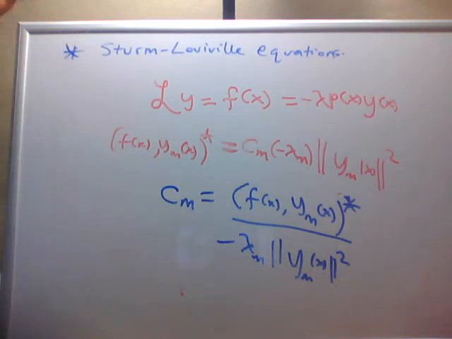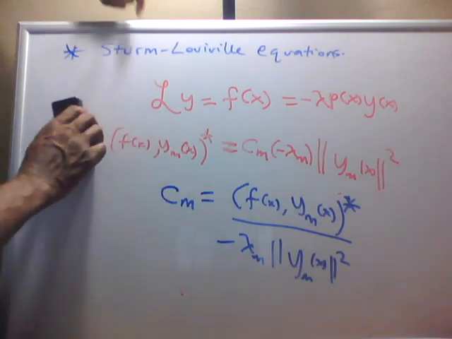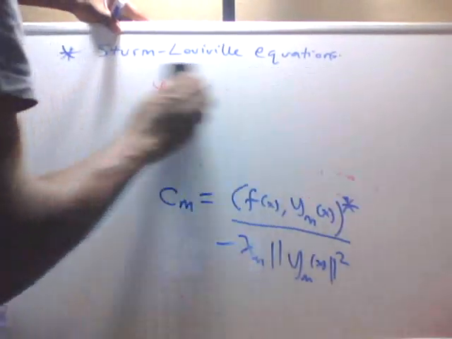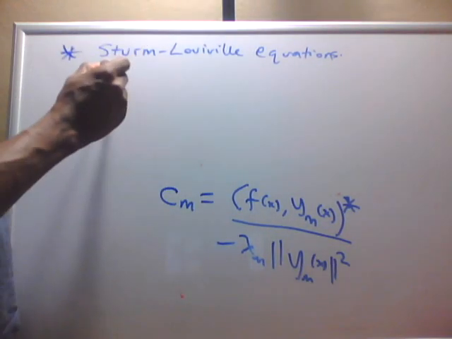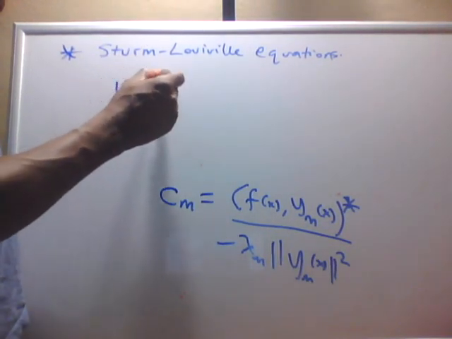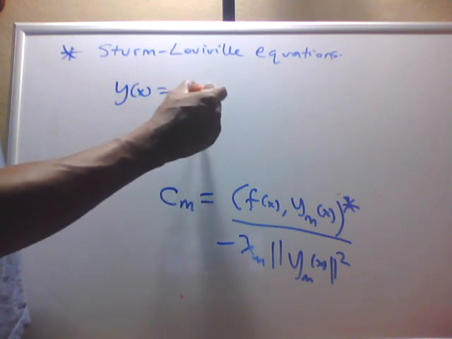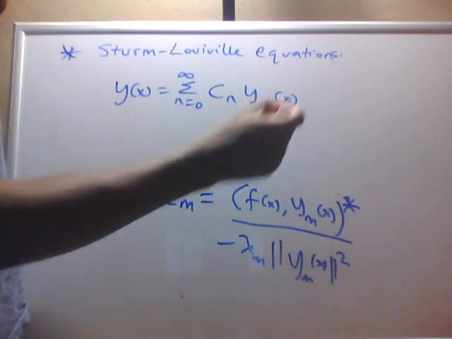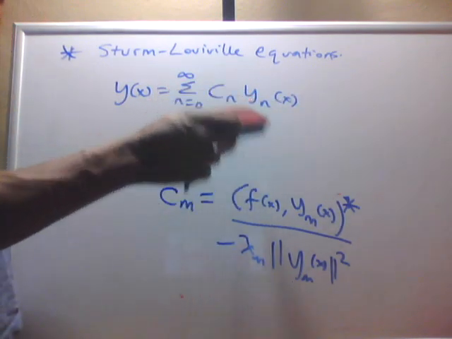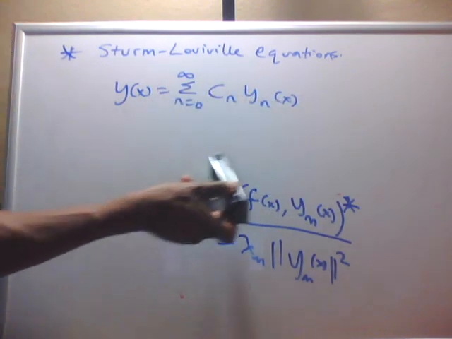This is a very interesting result, because since I now know my Cm, I can go back and determine my y of x, which I had called the following. I now know my Cm in terms of f of x, the known function.